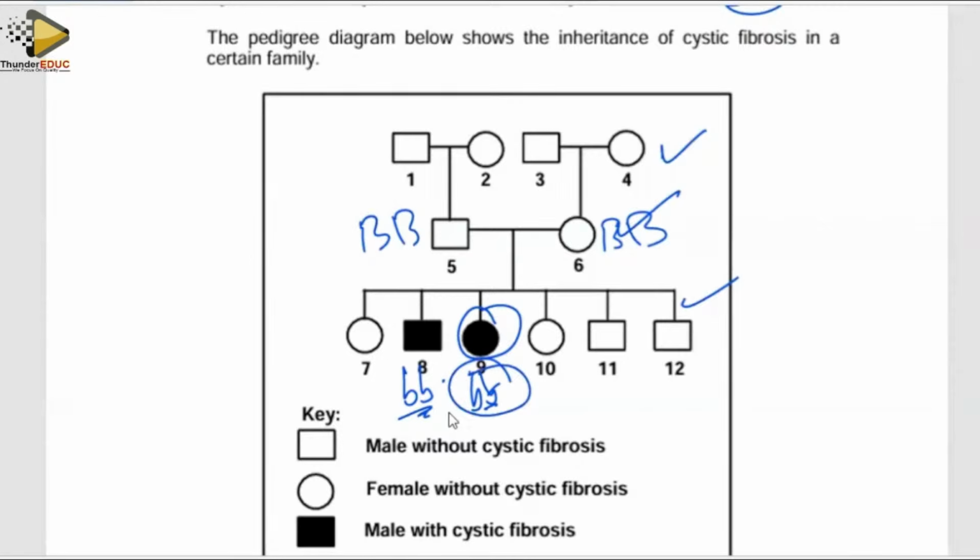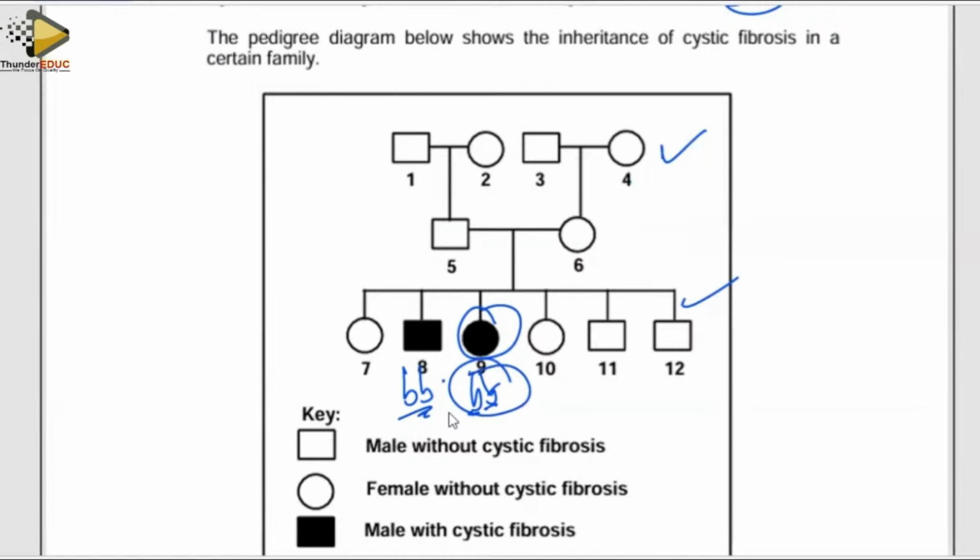If one is capital B, small b, where's the second small b going to come from? So there is no way. So they have to be heterozygous. Why? So that one is capital B, small b, and the other capital B, small b, so that if this and this combine, they can form that individual, or they can form that individual.